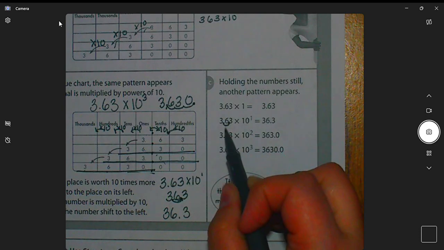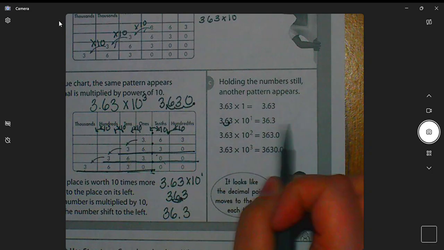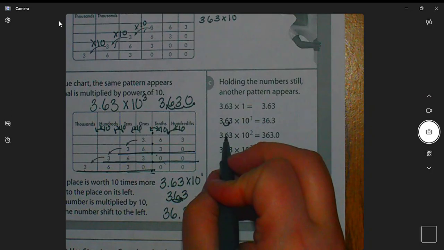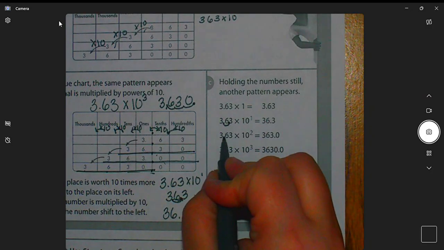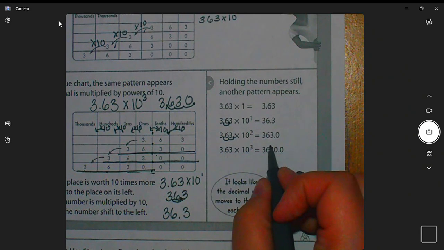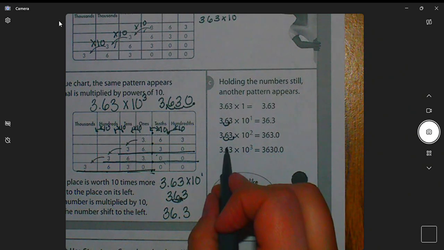It's going to move over one place, gives me 36 and 3/10. 3 and 63 hundredths times 10 to the second. Again, I'm going to have 2 jumps. 1, 2. It gives me 363. 3 and 63 hundredths times 10 to the third. I have 3 jumps. 1, 2, 3.